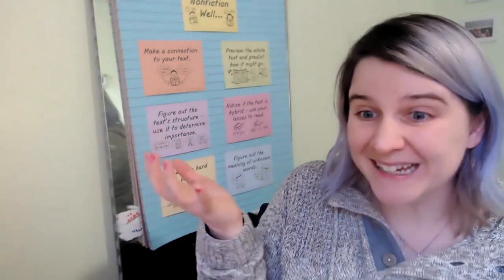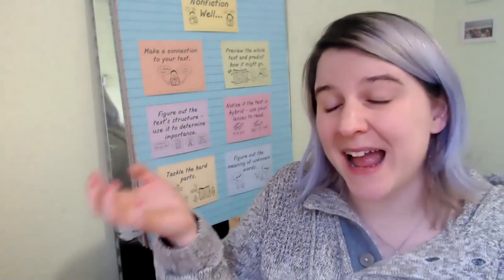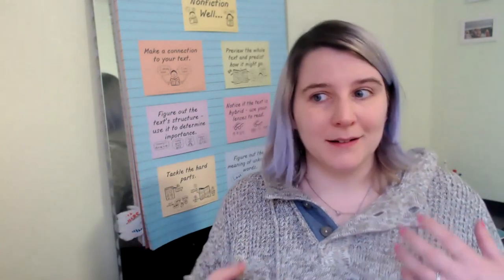And we need to know details that support the author's main idea. Every text has a main idea. What is it that the author is trying to tell us in this text? That is the main idea. So even though it seems simple on the surface, it's not. It's a very detailed skill that we're going to practice today.